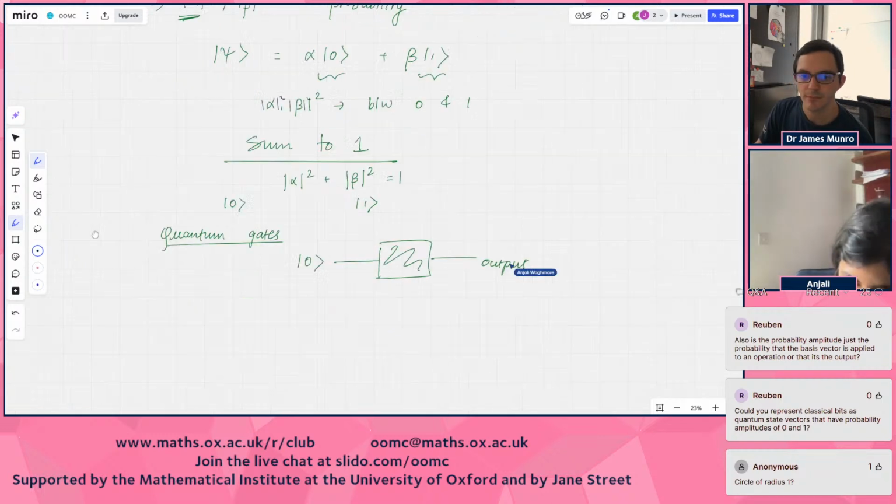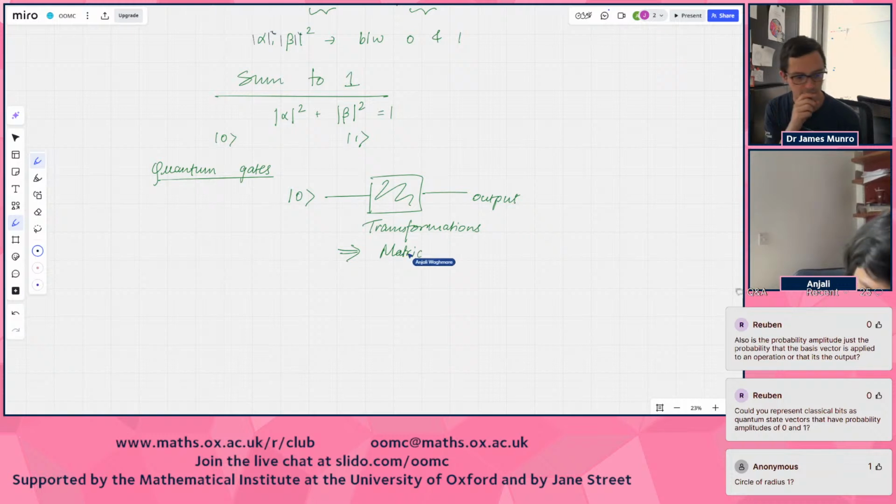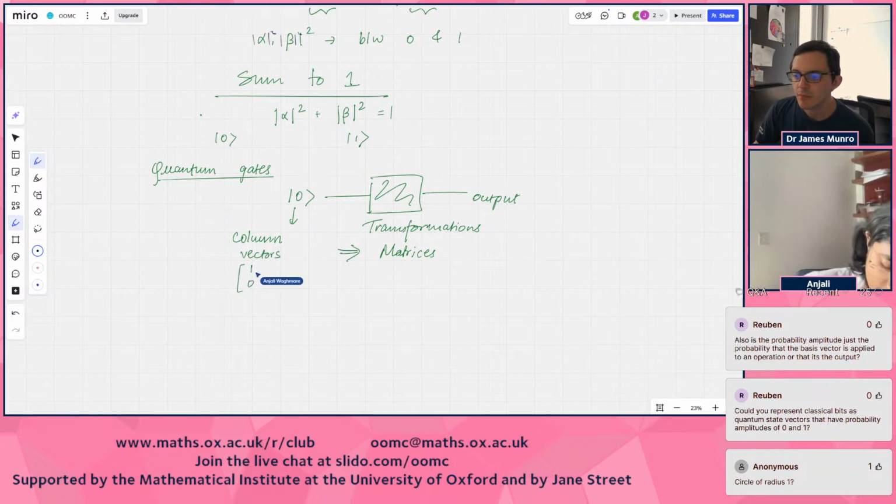And these transformations are represented by matrices. So we saw these can be represented by column vectors, so we had like 1, 0.